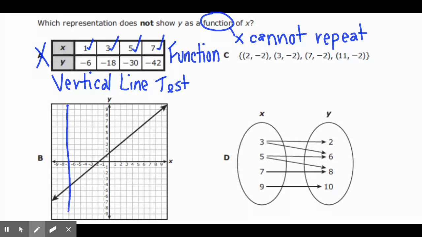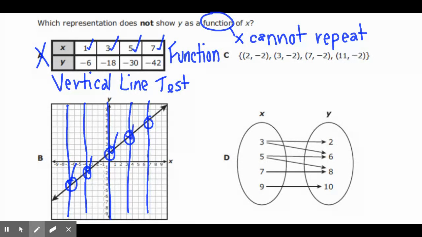With our vertical line, we just want it to intersect the graph one time. It does pass the vertical line test. It only crosses the graph one time, so this would be a function. We can go ahead and eliminate B.